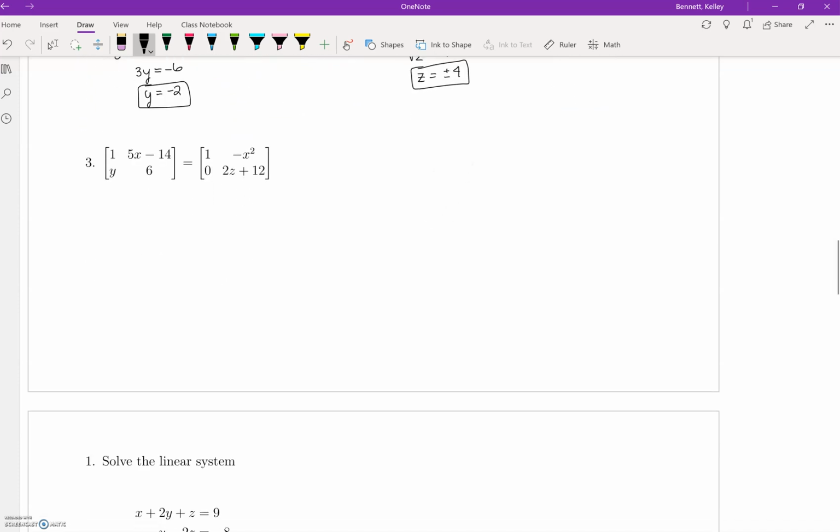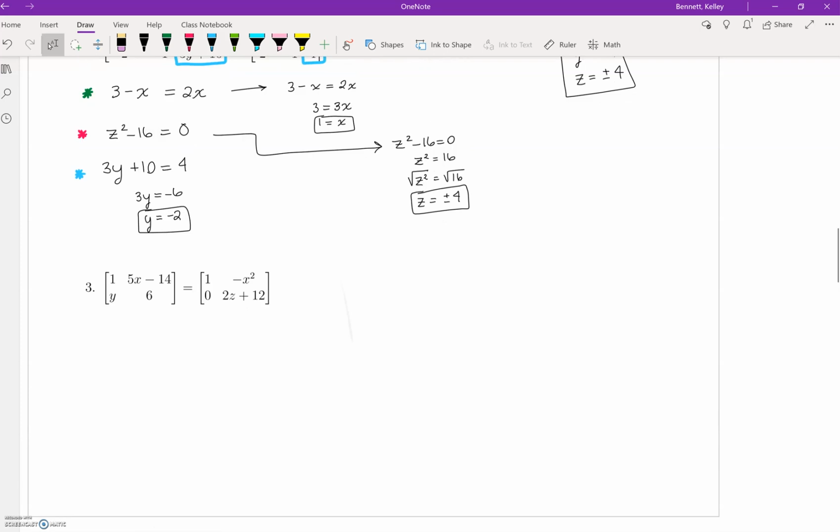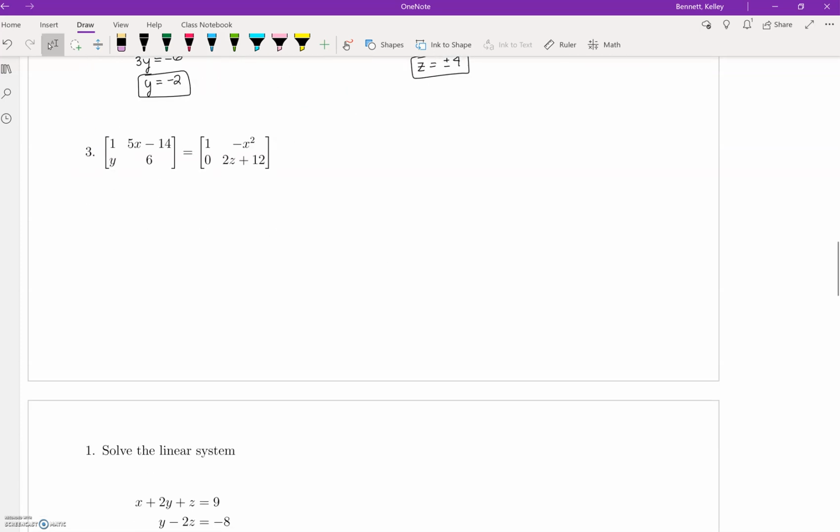And we'll do a similar method for this other example here. So what we're going to find is that 5x minus 14 needs to equal negative x squared. Y needs to equal 0.